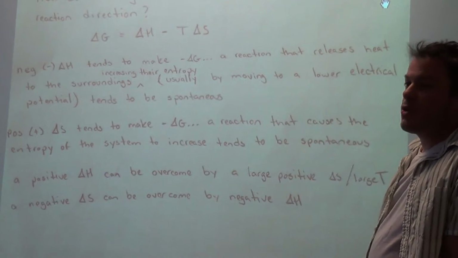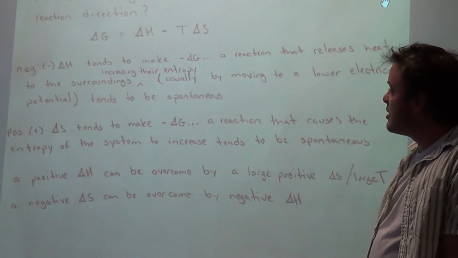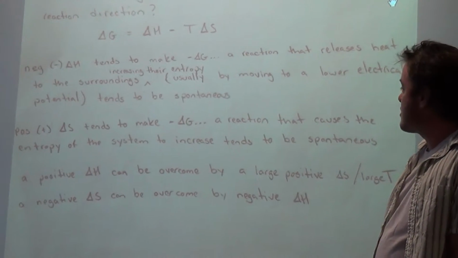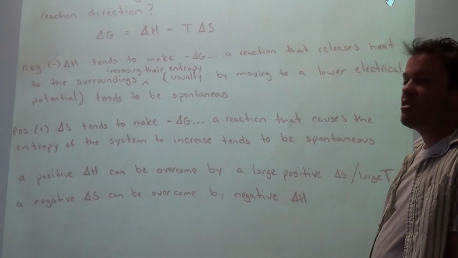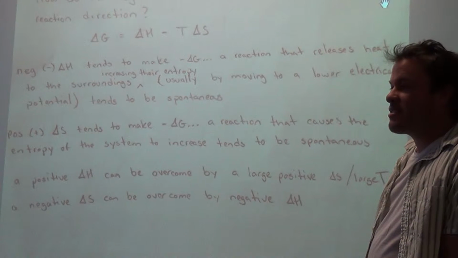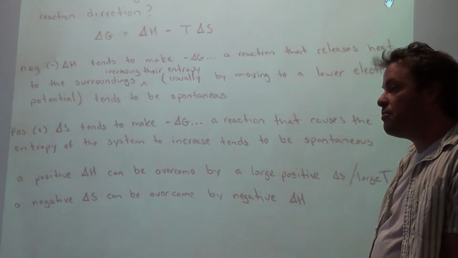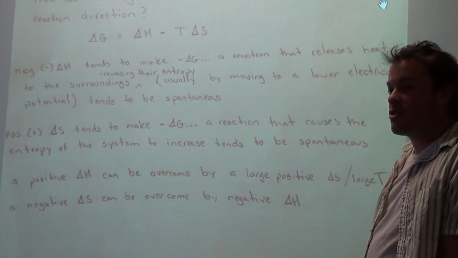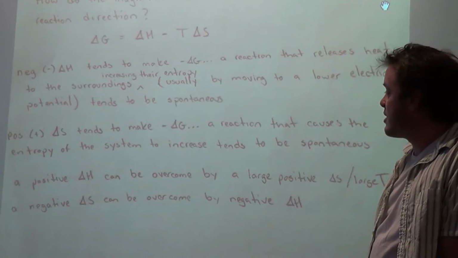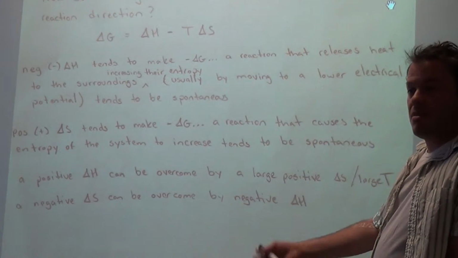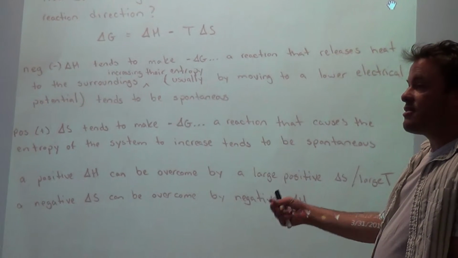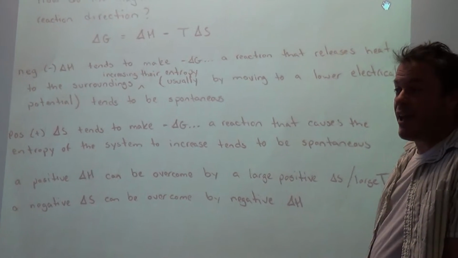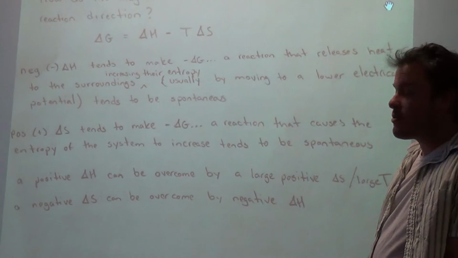And you can play with this equation, delta G is delta H minus T delta S, a million different ways. I wrote a little bit about that. If you have a positive delta H, so the system is absorbing heat from the surroundings, so the surroundings' entropy is decreasing, that tends to make things unfavorable, but that doesn't necessarily mean that you can't have a spontaneous reaction.